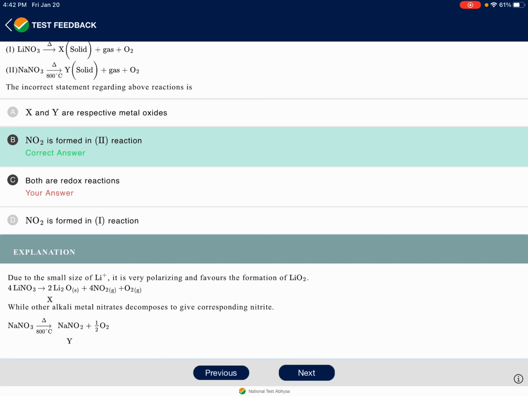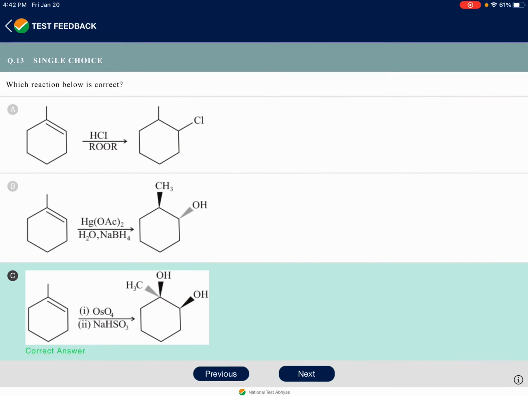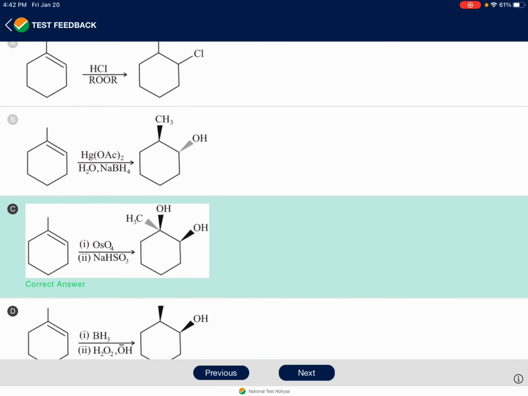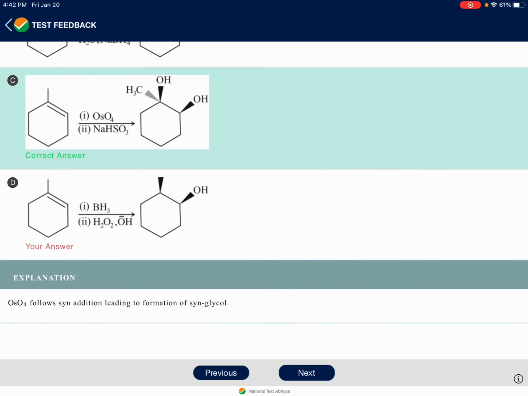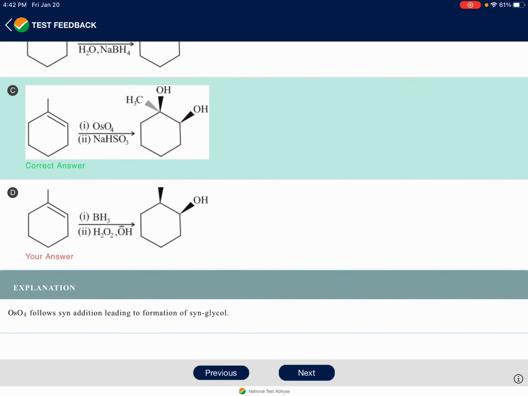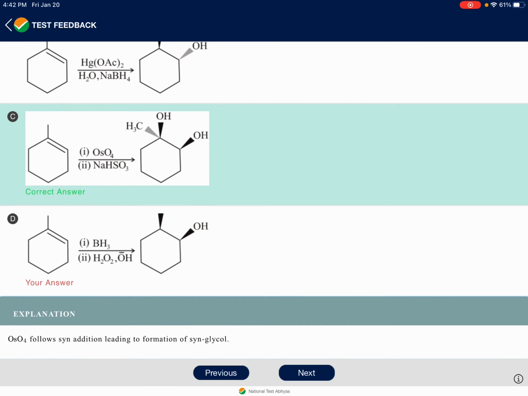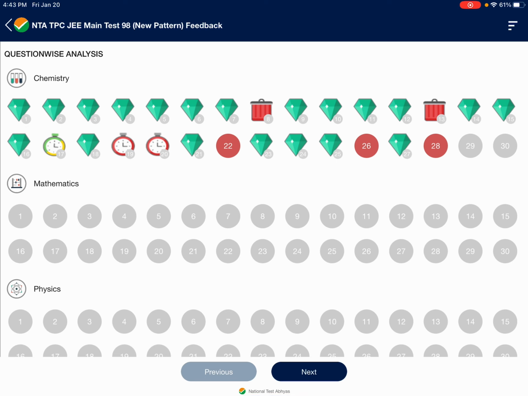I felt NaNO3 was mentioned particularly at 800 degrees Celsius, so I felt some special reaction would take place. He gave the normal reaction. Okay, accepted. This is our mistake. OsO4 follows syn addition leading to the formation of syn glycol. Okay, then BH3, we will accept this also.